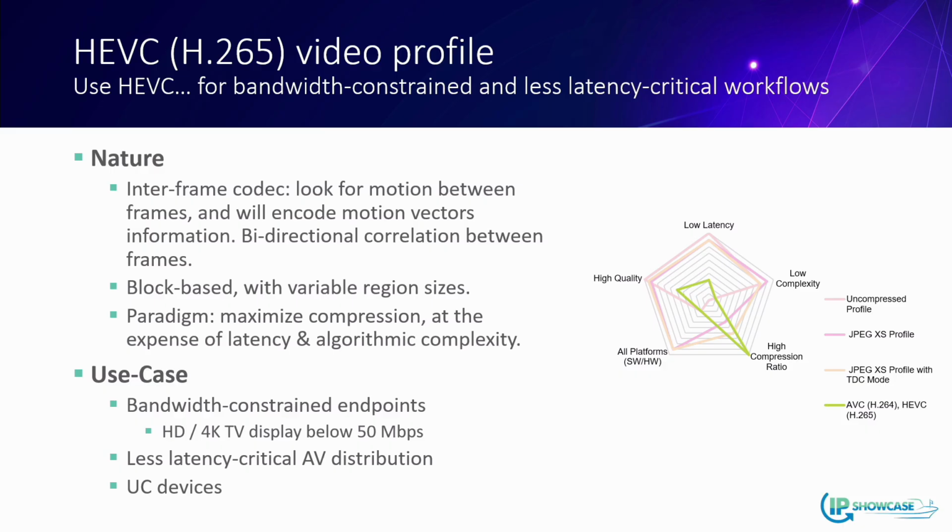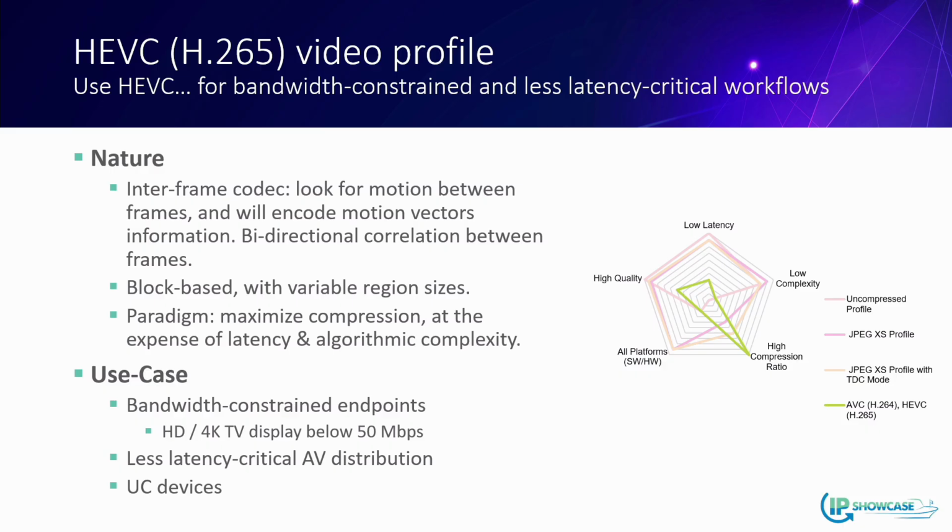And here the paradigm is really, okay, let's maximize compression at the expense of latency and algorithmic complexity. What I mean by algorithmic complexity is that it's very hard to implement in software. And the way you would implement this is using existing SoCs that have hardware capabilities to decode and encode this codec.